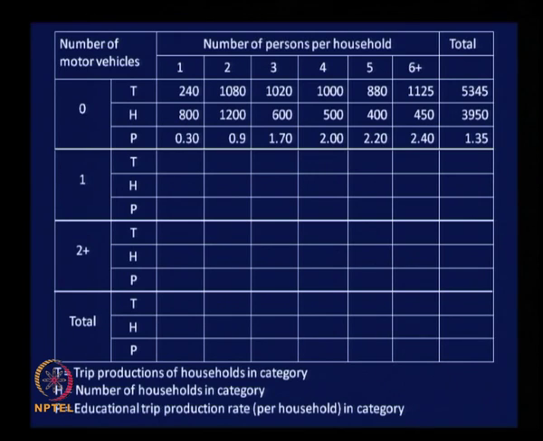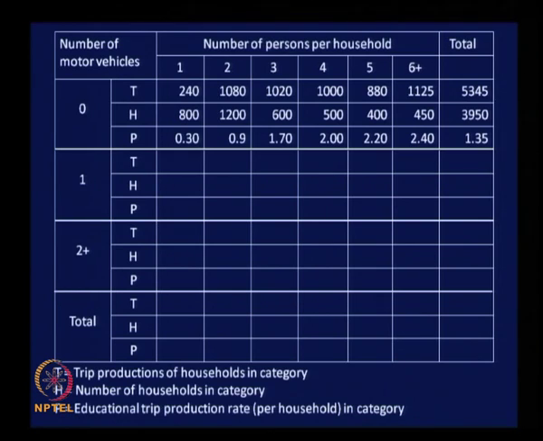This is the value for no vehicle owning households of different sizes, and the number of trips made or produced are 240, and H stands for number of households of this category, 800 households, and the trip rate comes to be 0.3 per household of size 1 with 0 vehicle ownership.